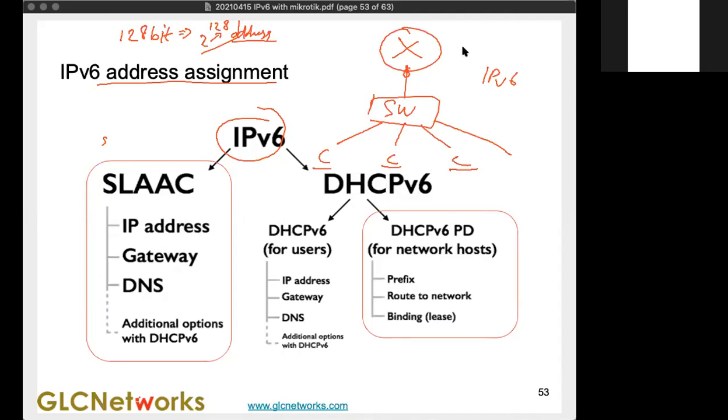So for example, here we have a router. This router one delegates the prefix, because this router will have another client, right?